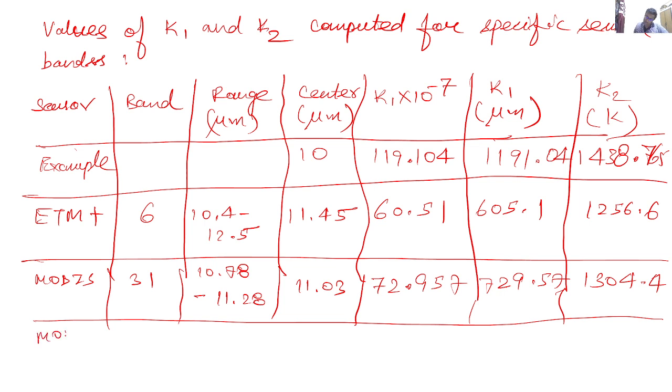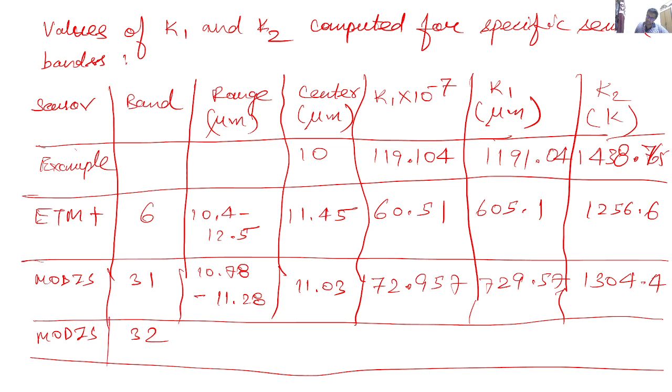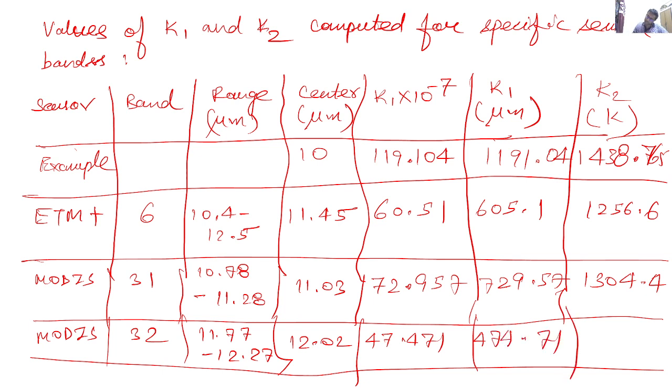Another MODIS band, band 32, 11.77 to 12.27, centered around 12.02. 47.471, 474.71, and K2 comes out to be 1197.0. So this is how these values of K1 and K2 arrived.